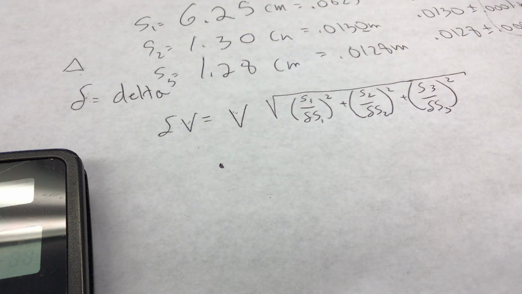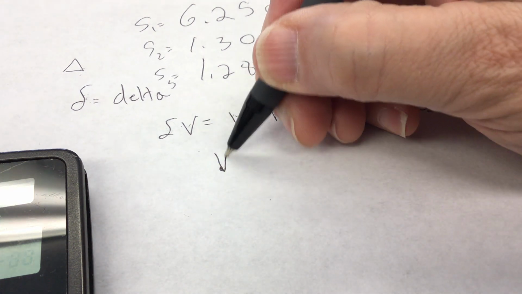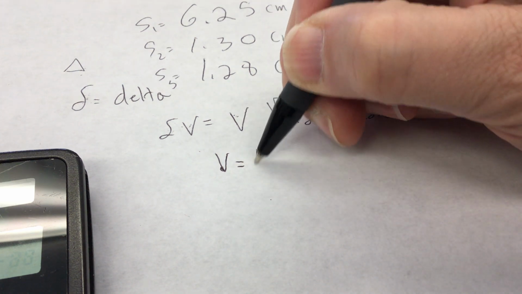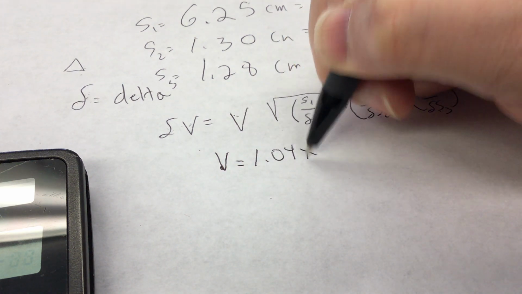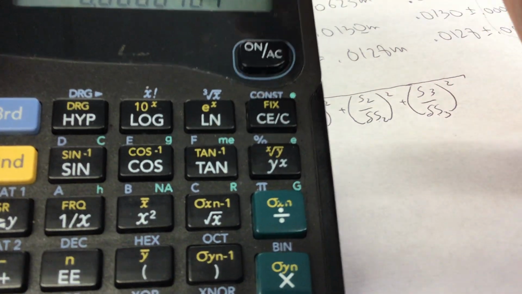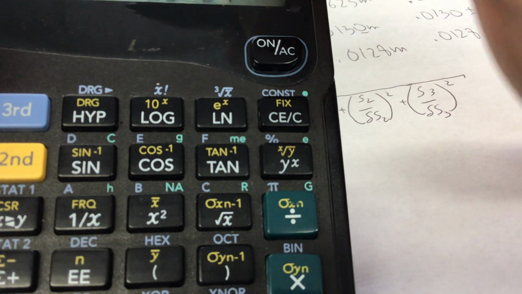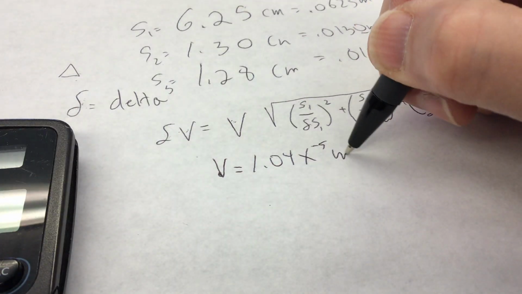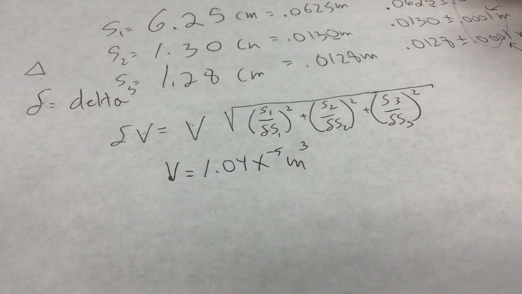Again, what you can do is use scientific notation. I'm going to do this separately. So V is 1.04 times 10 to the negative fifth meters cubed.